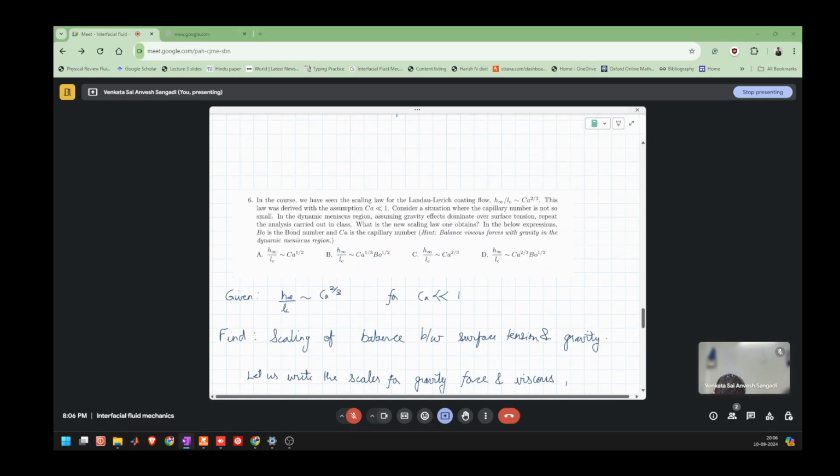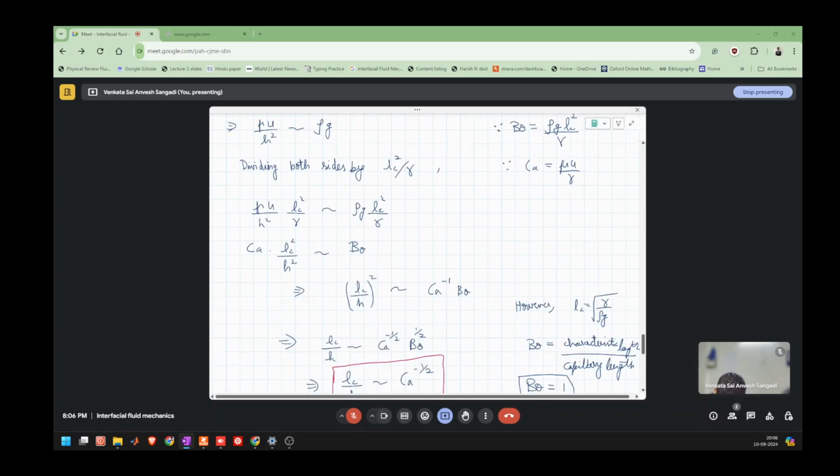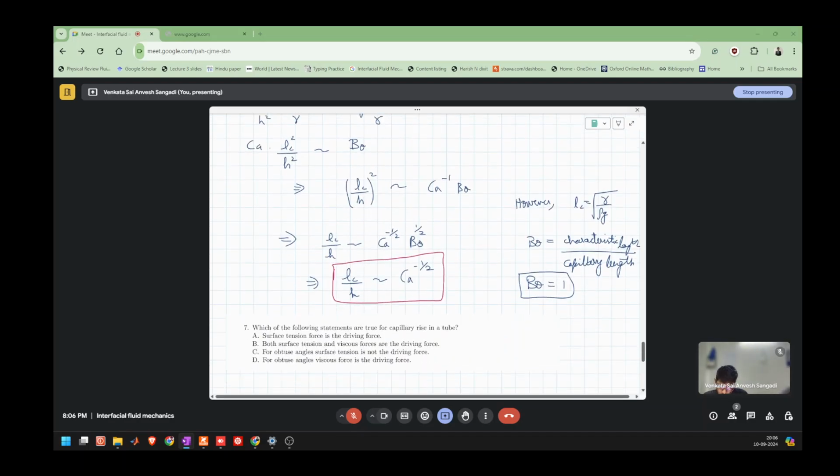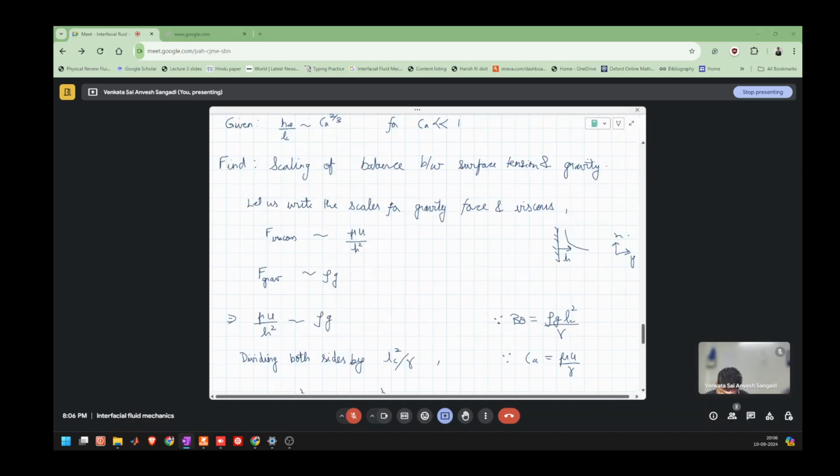So the correct option is A, as this implies H by LC will scale as capillary number power 1/2. Therefore, option A is correct.